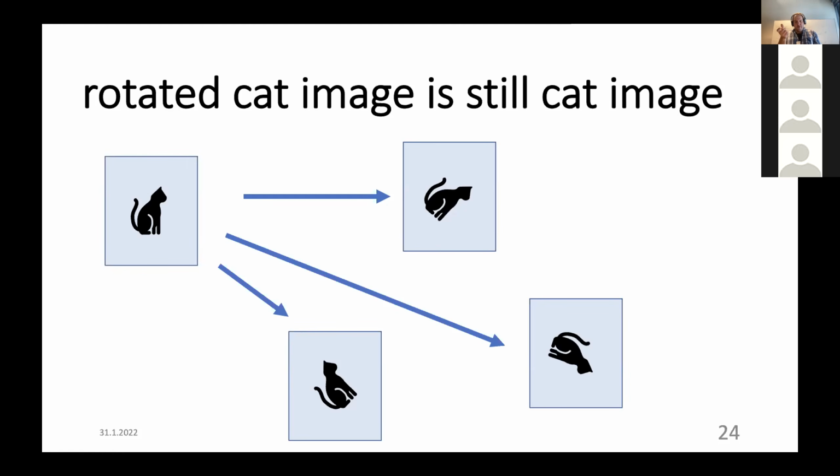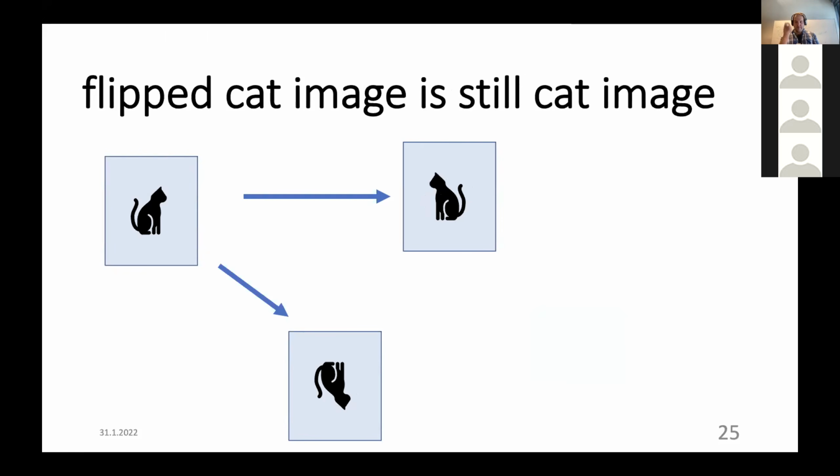For example, if your data point is an image and the quantity of interest is whether it shows a cat or not, then rotating the image changes the features. If you use the pixel values, the red, green, blue pixel values, as features, these become different when you rotate the image, but the meaning, the label, stays the same. So you have more labeled data points.